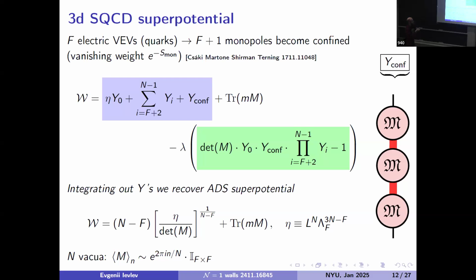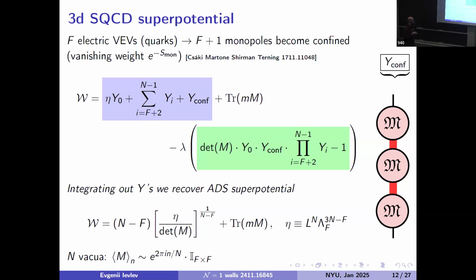And so overall, your number of degrees of freedom is unchanged. And the superpotential is modified, but in a very controlled way.